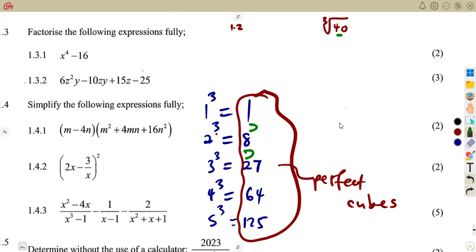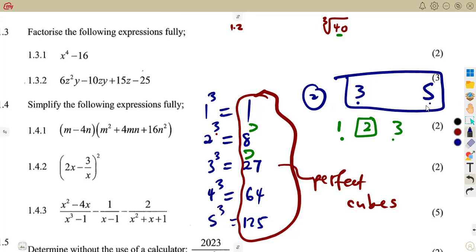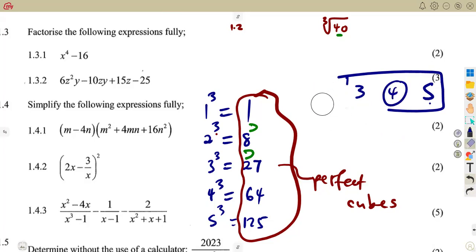Just like if we say 2 is between 1 and 3, we cannot say 2 is between 3 and 4. Or between 3 and 5, we cannot say 2 is there. It's impossible. But between 3 and 5, there's a 4.